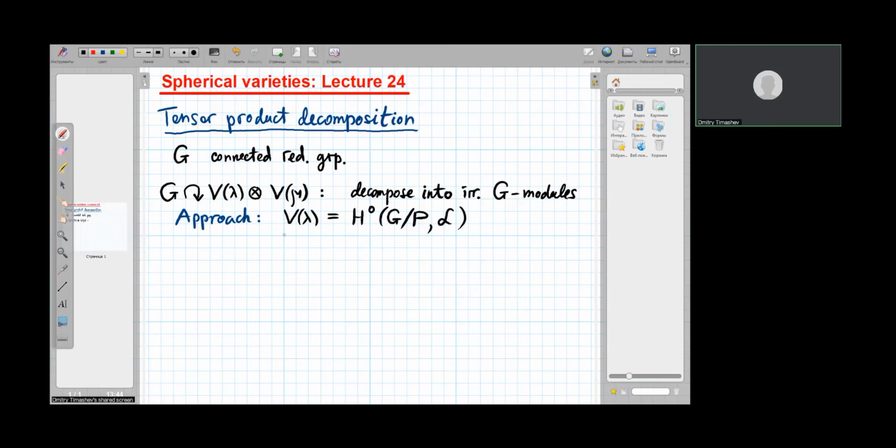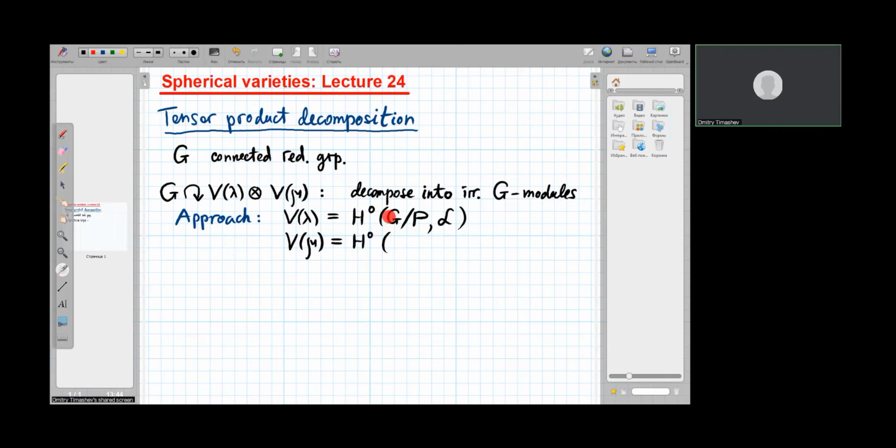And similarly for the second irreducible representation of highest weight mu, it can also be realized in the space of global sections. Professor? Yes? This is a realization, not just an inclusion, right? No. We know by the Borel-Weil theorem that the representation in the space of global sections over a generalized flag variety or partial flag variety is irreducible.